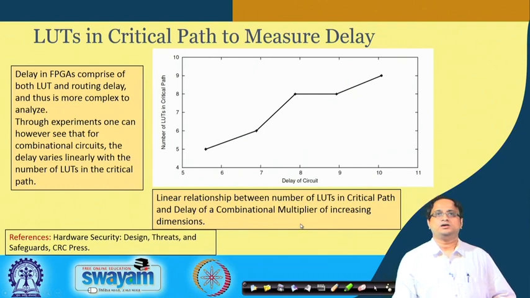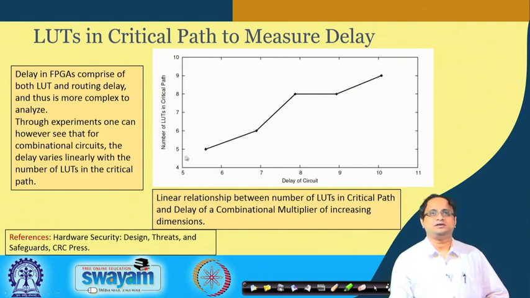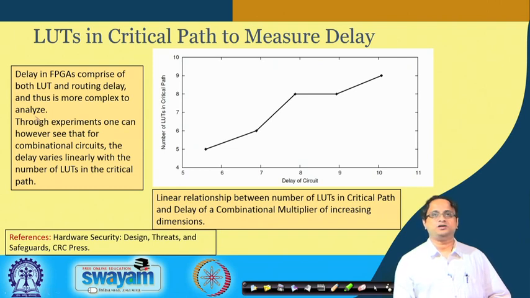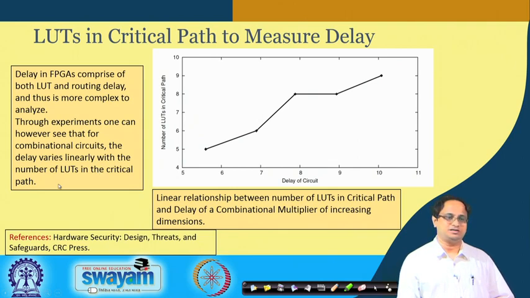Okay. As I said, in FPGAs you don't only have LUTs, but you also have routing delays, so it is really complex to analyze delay. But from experiments you can see that if you take combinational circuits, then the delay will actually vary linearly with the number of lookup tables in the critical path. Here is an experiment that we did for some combinational multipliers.